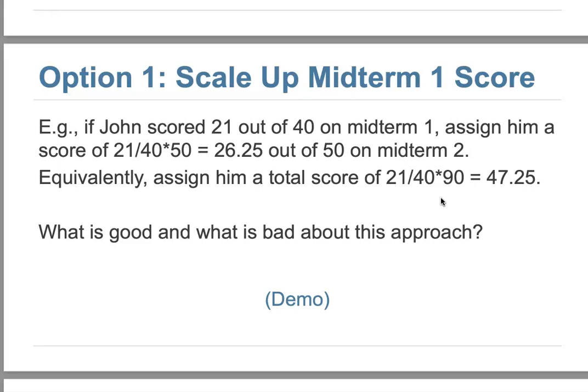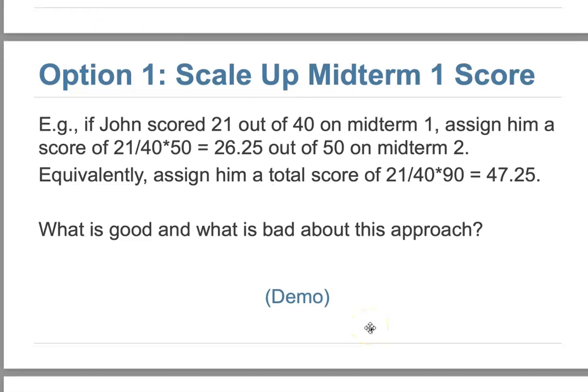But what is good and bad about this option? You may have your own ideas. For me, as the professor who needs to give the grades, this option is very simple. I just need to do one calculation and I'm done, so that's easy for me.